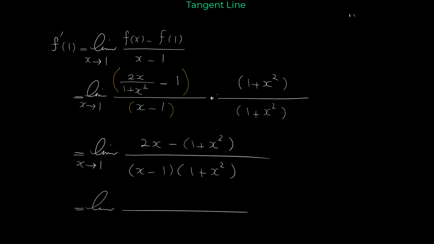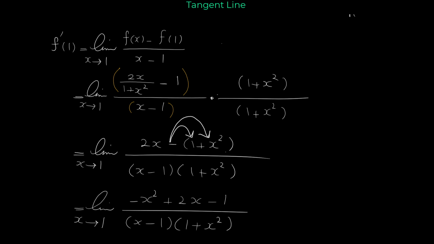It's better to write negative x squared first: negative x squared plus 2x minus 1, all over x minus 1 times 1 plus x squared, as x approaches 1. Attention, this negative is for all of these brackets, so basically we have negative 1 and negative x squared. So we got this in the numerator.